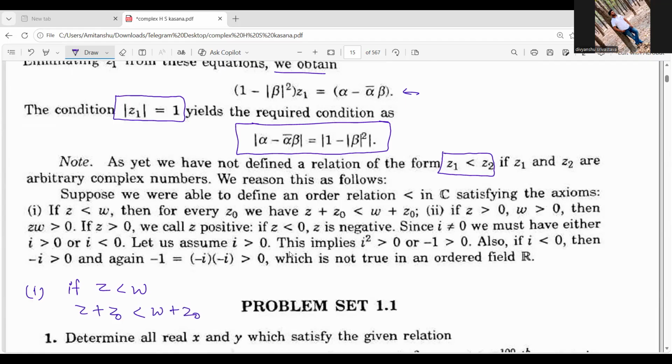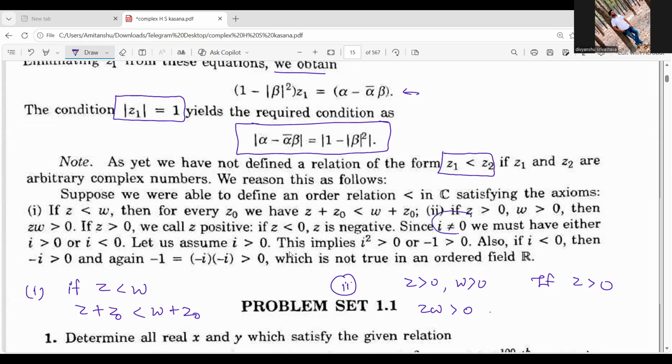Okay. And in the second part, when you have z greater than 0 and w greater than 0, then zw is greater than 0. And if z is greater than 0, z is positive; if z is less than 0, then z is negative.